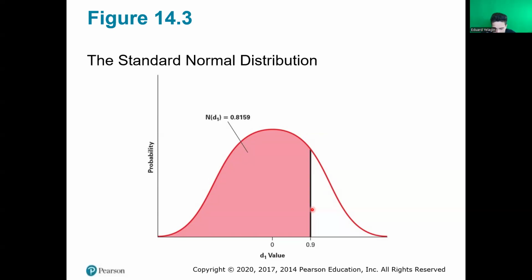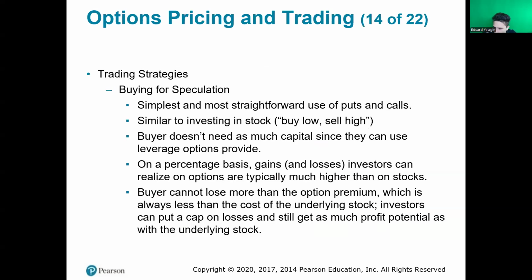Usually stock prices and stock returns have much fatter tails. And this in turn will underestimate the probability that the call option will end up in the money. So this is a limitation of the Black-Scholes model, and nowadays in the market we have many adjustments to the Black-Scholes model.